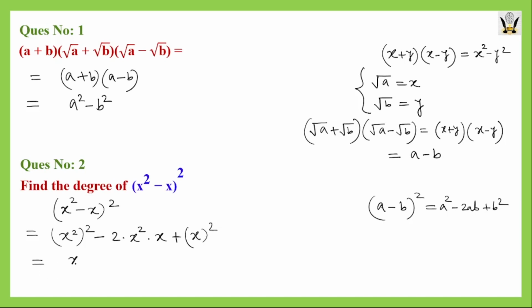Finally it will be x to the power 4 minus 2x cube plus x square. And this is a polynomial of x where the highest power of x is 4, and we know the degree of a polynomial of one variable is the highest exponent of that variable. So here the degree of this polynomial will be 4.